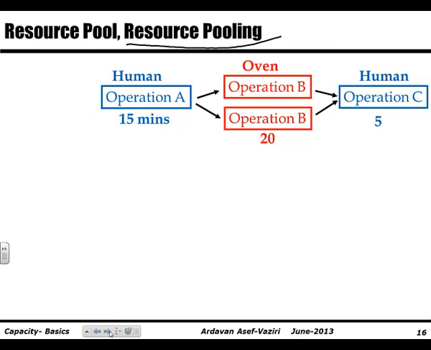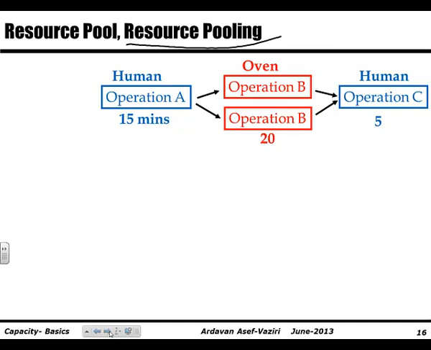In the second situation, capacity was increased to 4 by doubling the capacity of the oven. The bottleneck shifted to you. You were busy 100% of time, but your friend was busy only 33% of time.